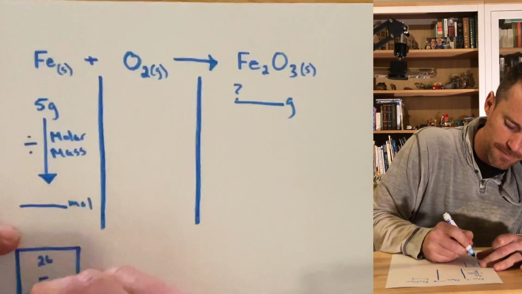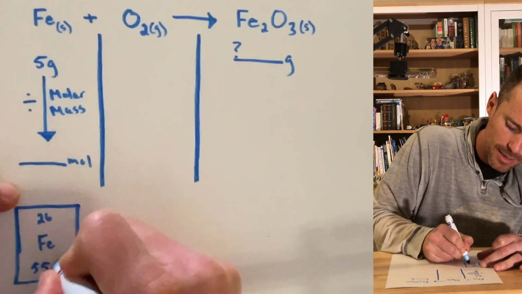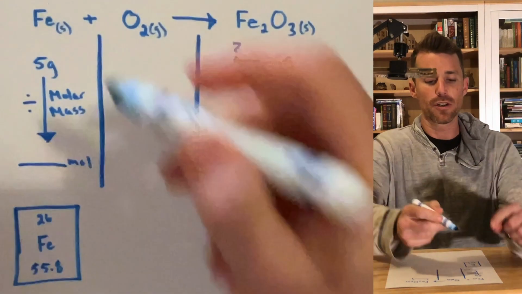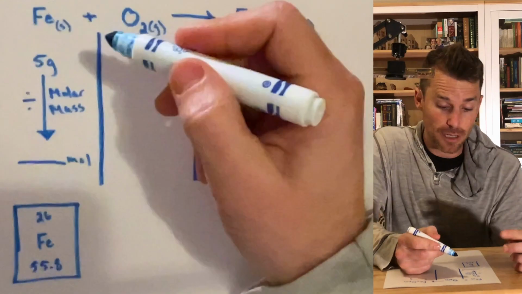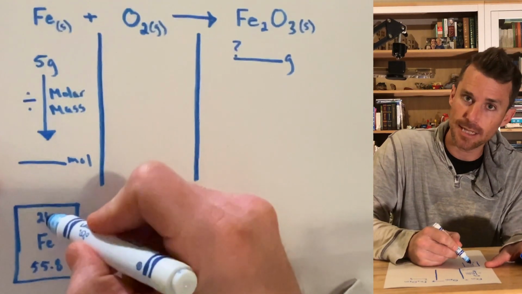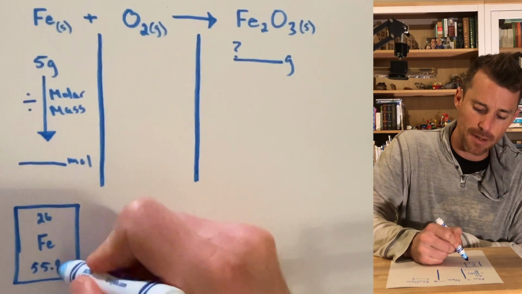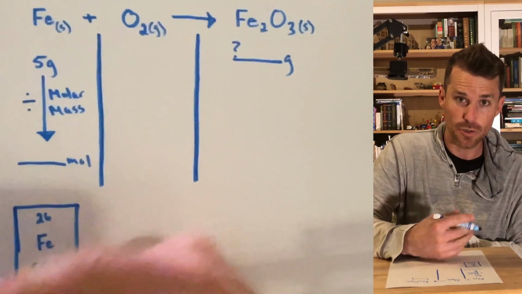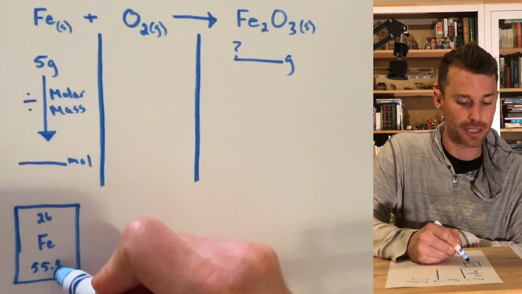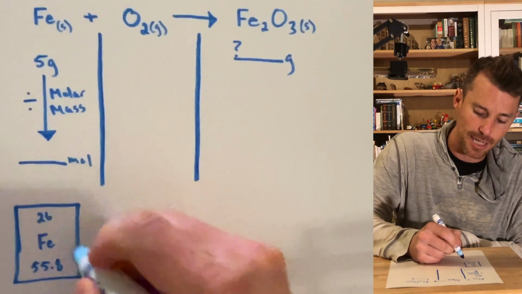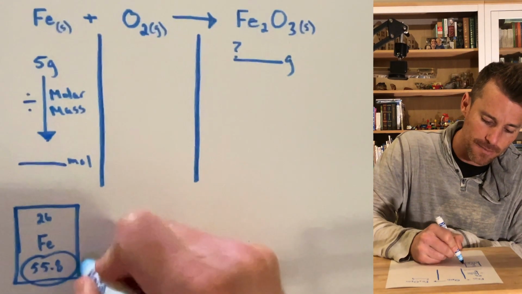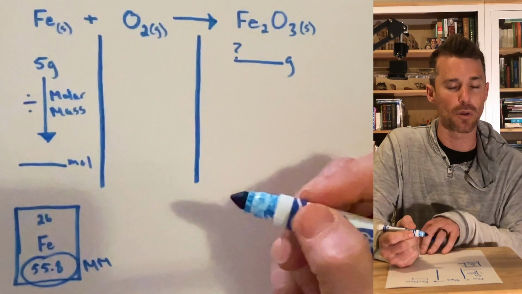So this iron, 55.8. When you're finding this molar mass, here's how it ties in. The 26 is the number of protons, the top number. This bottom number is kind of our protons and neutrons. There's a little more that goes into actually finding that number, but this is your molar mass right here. I'll put a note that this is my molar mass.